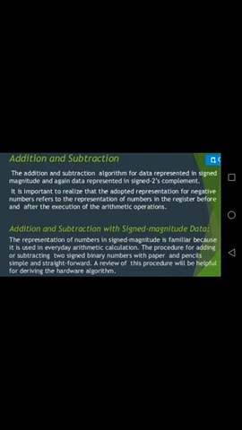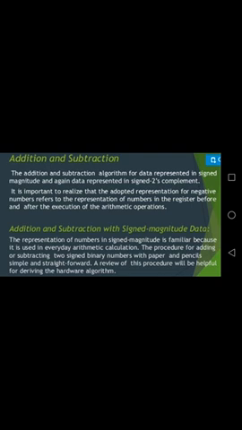Addition and subtraction with signed magnitude data. First, we discuss how an addition or subtraction can be performed when a number is represented in signed magnitude form. The representation of numbers in signed magnitude is familiar because it is used in everyday arithmetic calculations. The procedure for adding or subtracting two signed binary numbers with paper and pencil is simple and straightforward.